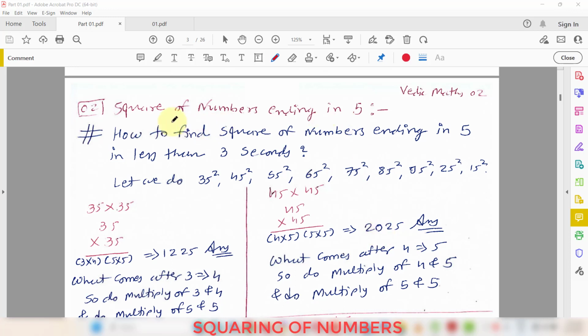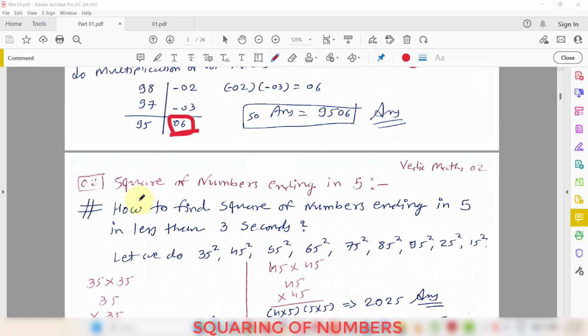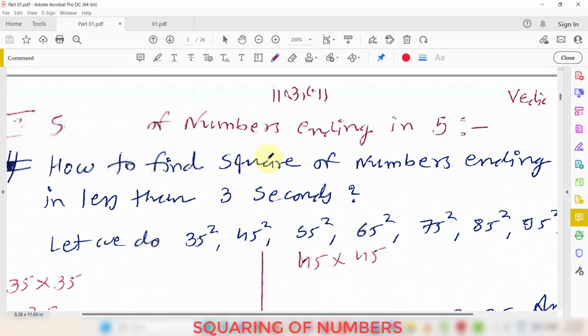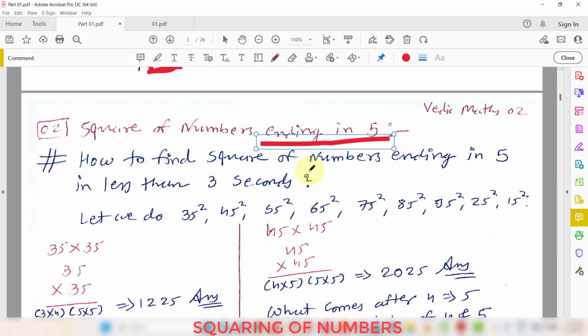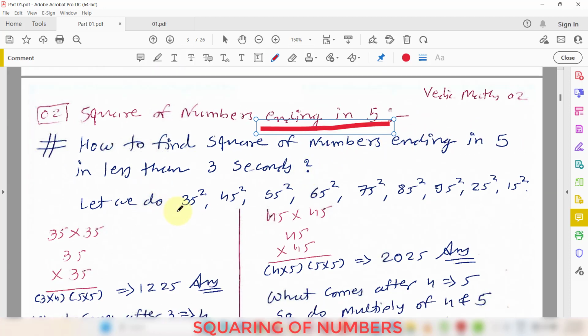Okay, so what is our topic? Our topic is the square of numbers that end in 5. So we will do the square of 35. Let's say I want to do the square of 45, 55, 65. Here my ending is 5. Remember, your ending is important.